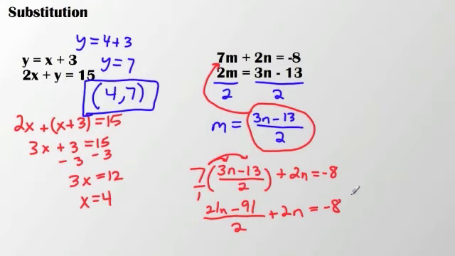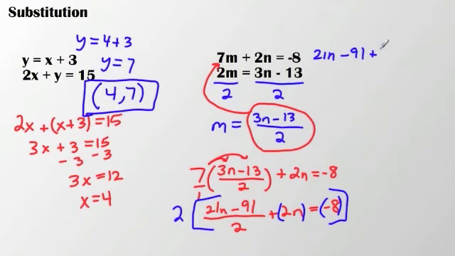Alright, that starts to get a little ugly, but I can go ahead and get rid of this fraction by multiplying everything by 2. These 2's cancel out. Remember, this is multiplied by 2 and this is multiplied by 2. So that's going to get me 21n minus 91 plus 4n equals negative 16.